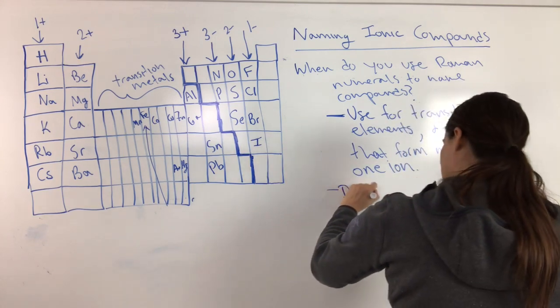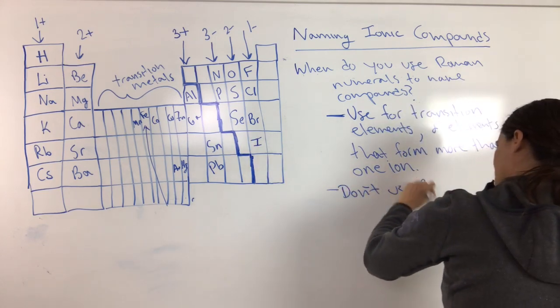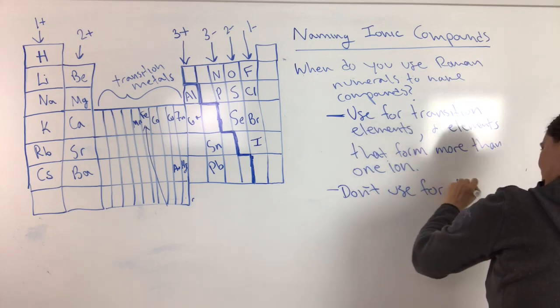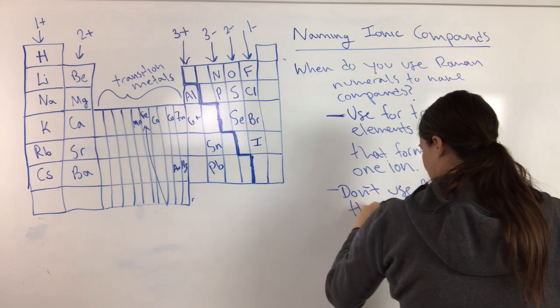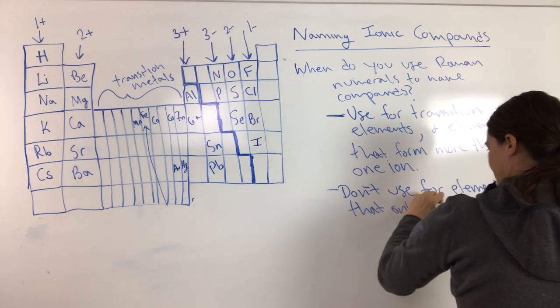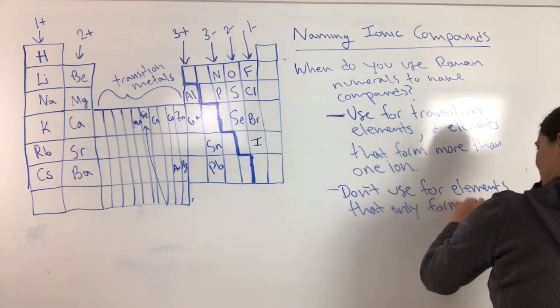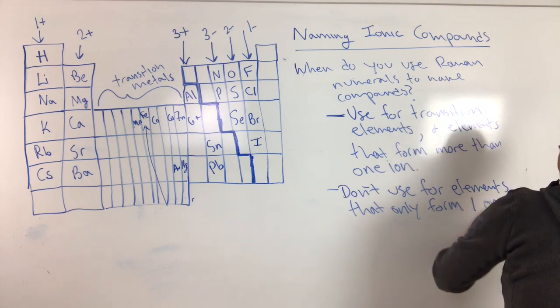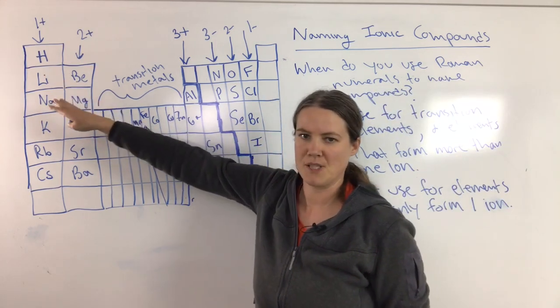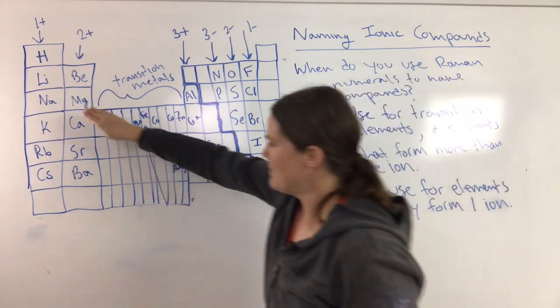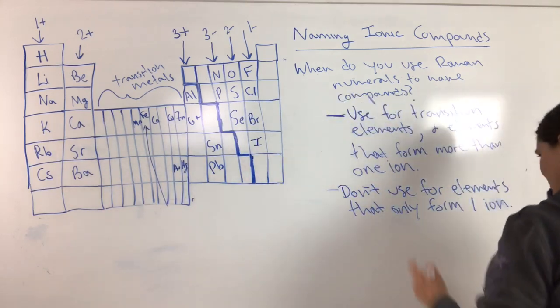So don't use for elements that only form one ion. So this would be elements like sodium, which always forms a +1 charge, and magnesium, which always forms a +2 charge.